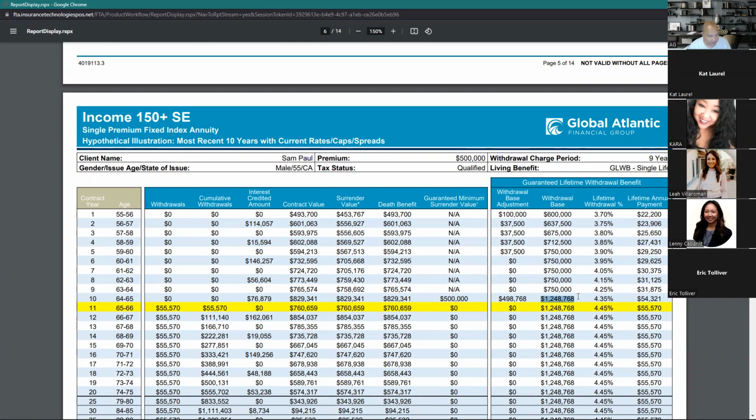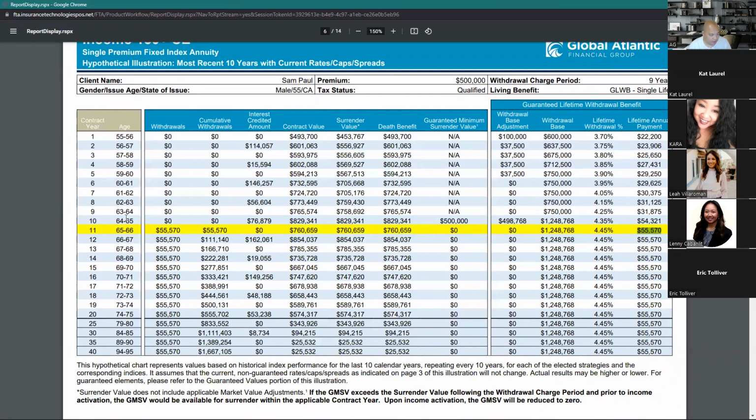Its withdrawal base gives $55,000 a year. On withdrawals here, that's what he's getting every year. On cumulative withdrawals, it gets added, and in its contract value, of course, it gets depleted.